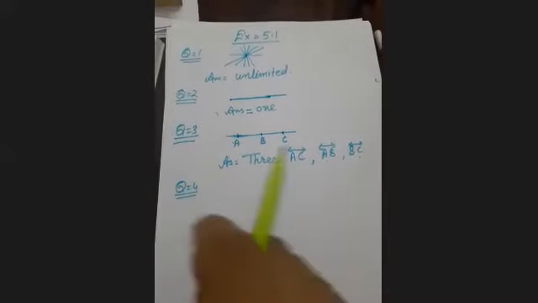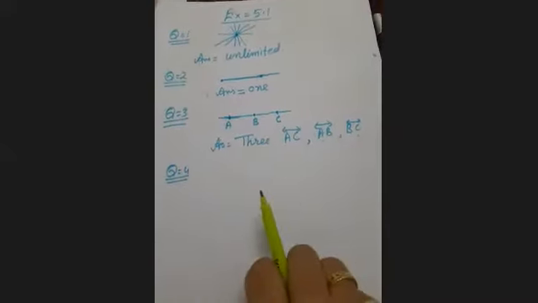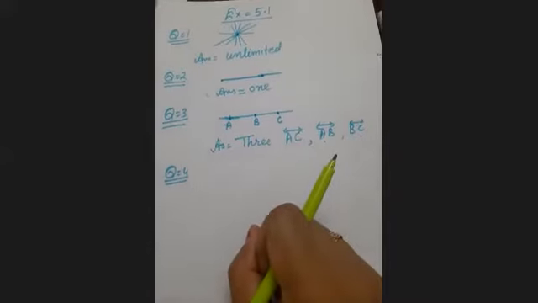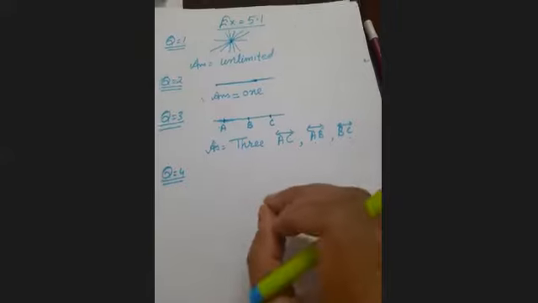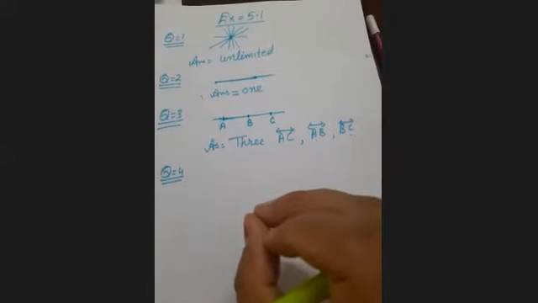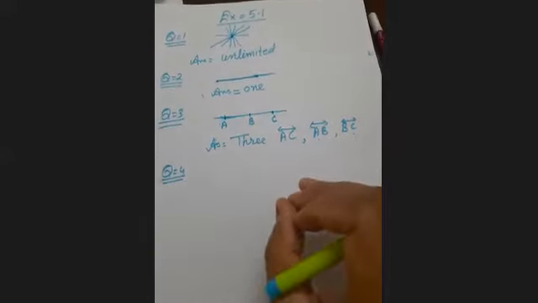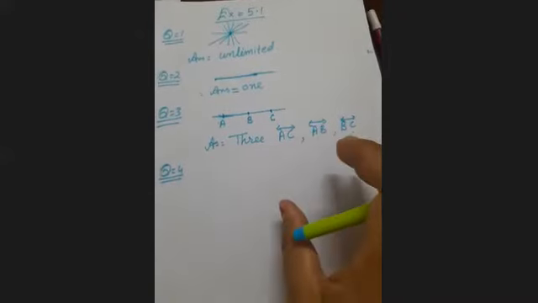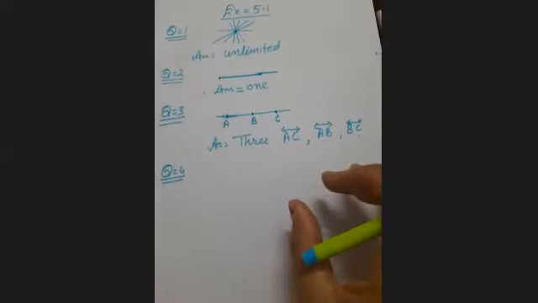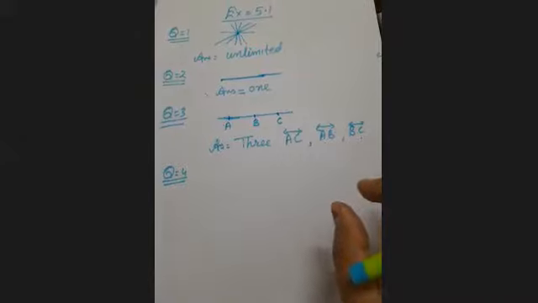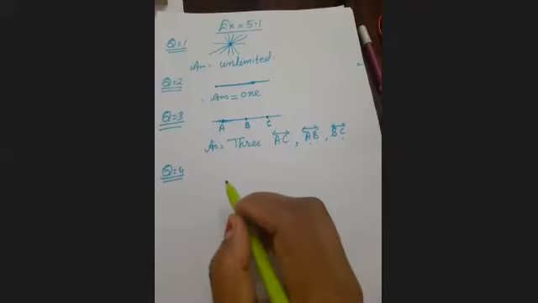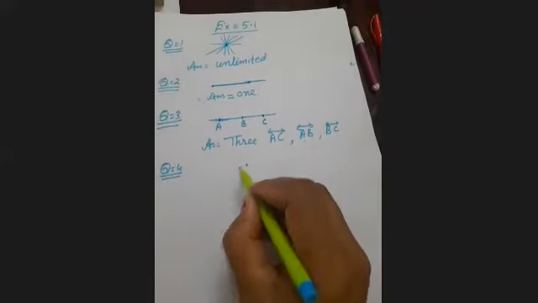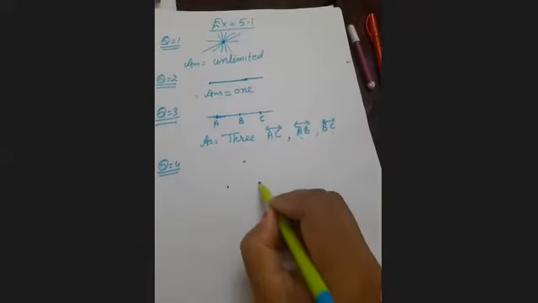Mark 3 non-collinear points A, B, and C in your notebook. Non-collinear means the 3 points which are not lying on the same line. So first we'll draw 3 non-collinear points: first, second, and third.